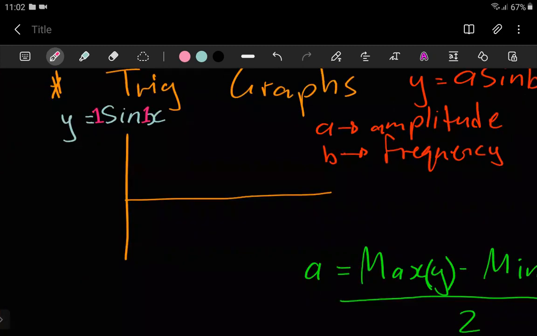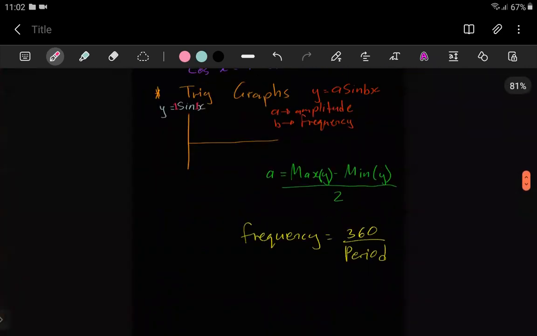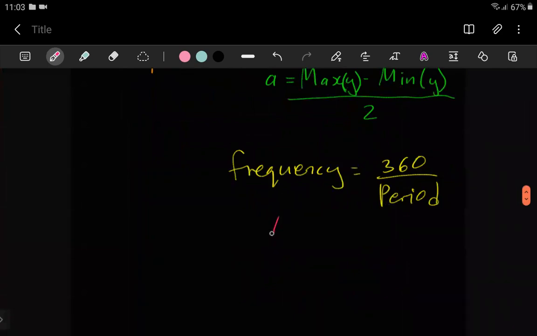So the question may be, what is frequency? Frequency is basically the number of graphs that you will see in a space of 360. So let me write it as a definition.